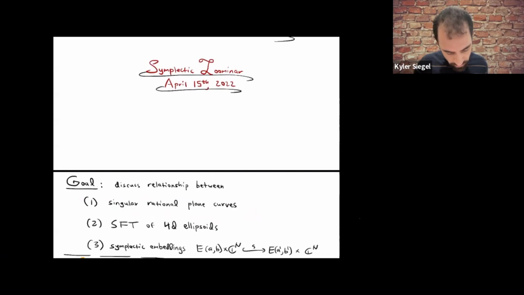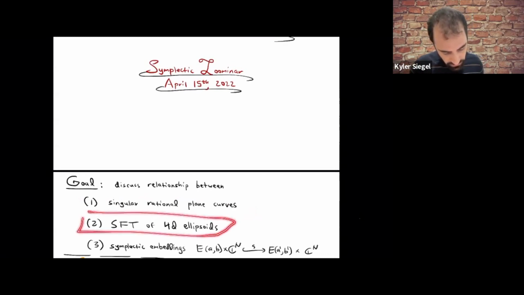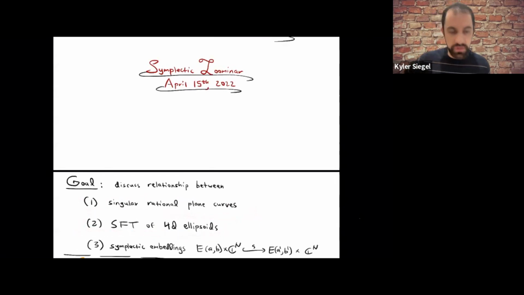And on the other hand, there's the symplectic field theory, SFT, specifically in this talk the symplectic field theory of four-dimensional ellipsoids. And then finally, there's this notion of stable symplectic embeddings.